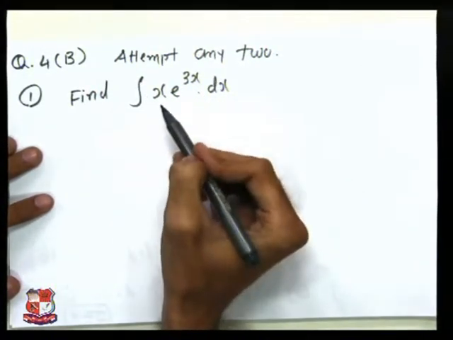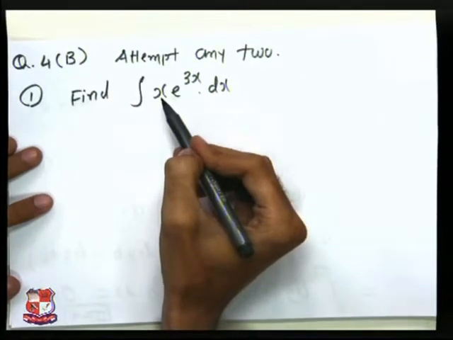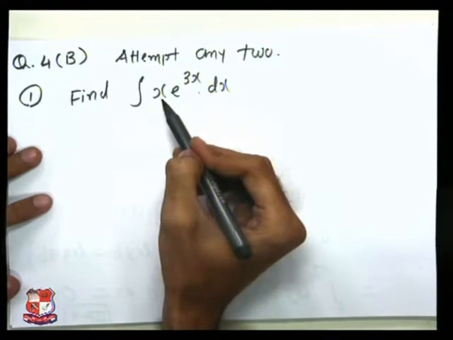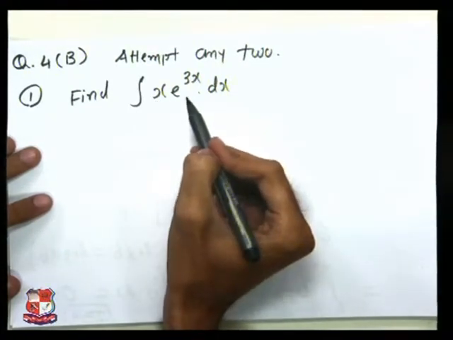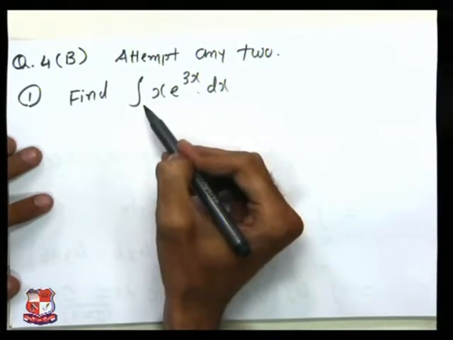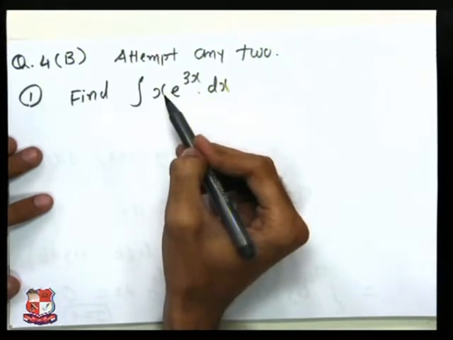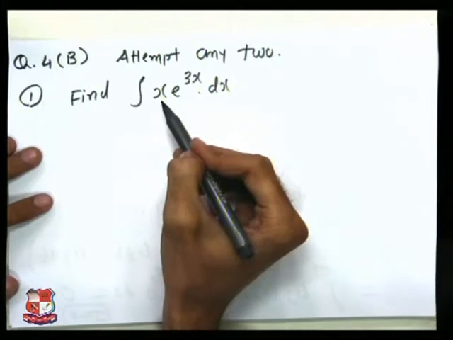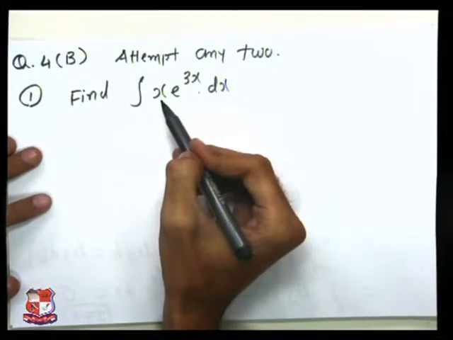Here we want to integrate the function x into e raised to 3x dx. Here there are two functions in multiplication, and if we want to integrate a product of two functions, then we need to apply the method of integration by parts.